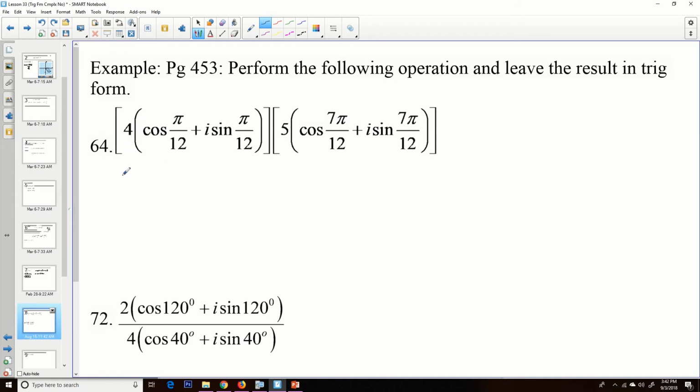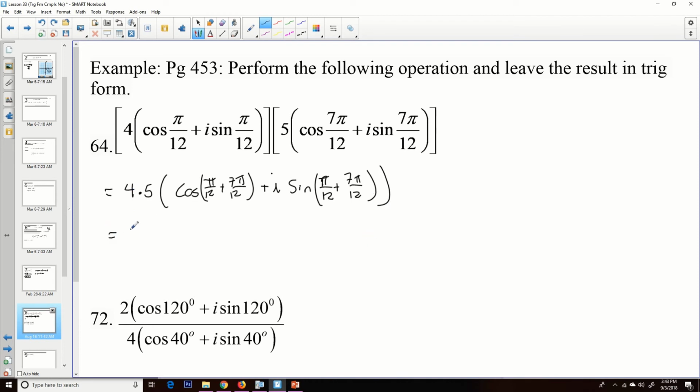And so here, this thing will be 4 times 5, and then it will be the cosine of pi over 12 plus 7 pi over 12 plus i sine, it should be a 12, sorry, I don't know what happened there, of pi over 12 plus 7 pi over 12, and close the parentheses out there.